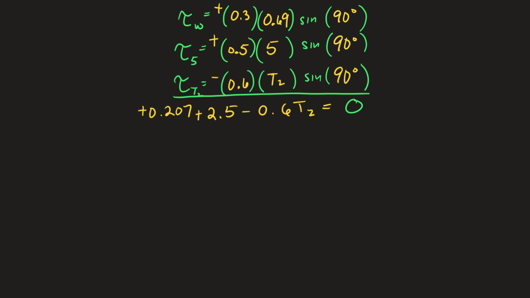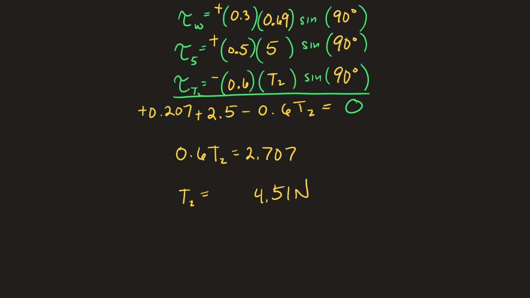I get 0.6 T2 equals 2.707. So T2 equals 2.707 divided by 0.6. I get 4.51 newtons.